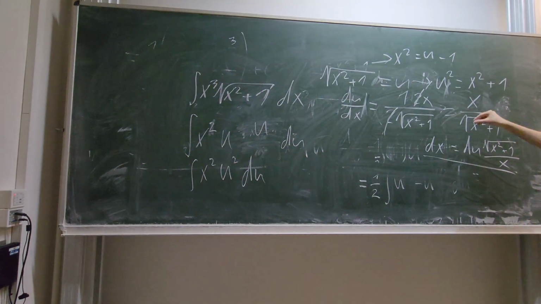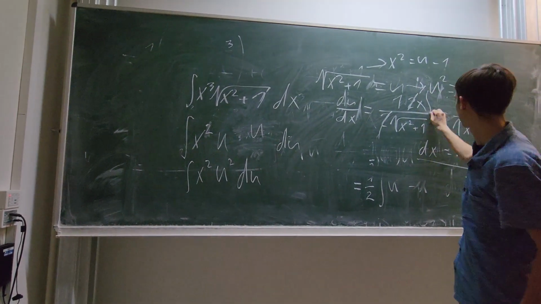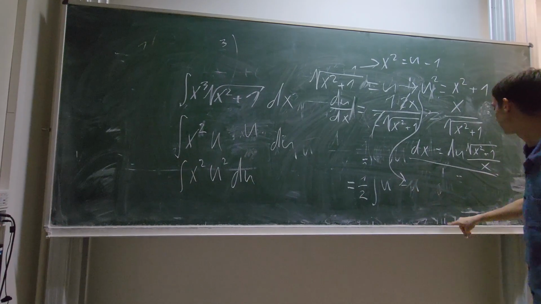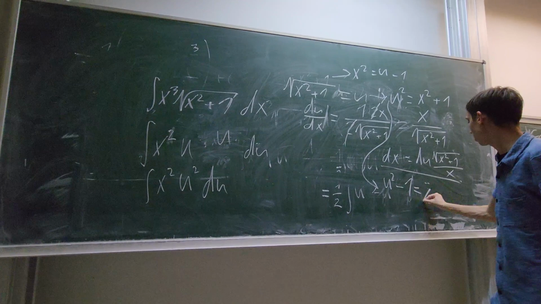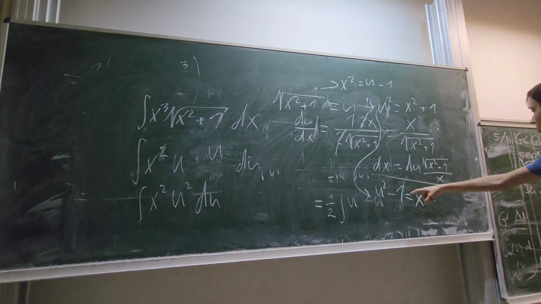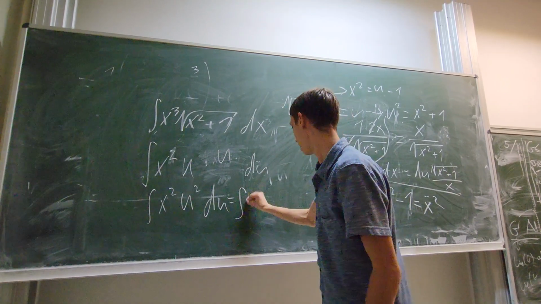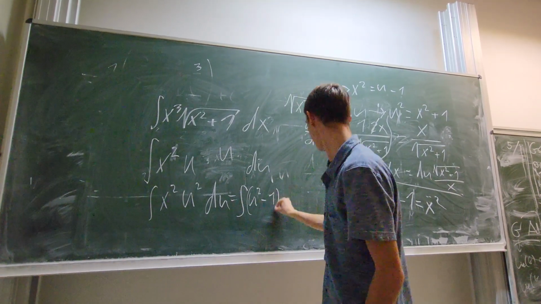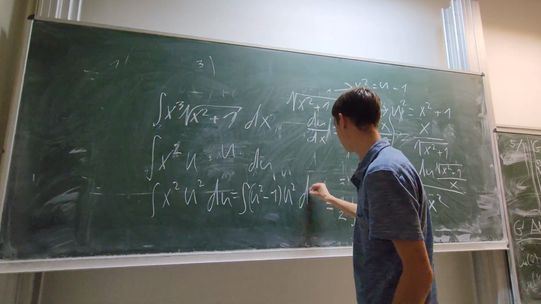And x squared will equal, and this is a little bit of a mess, so just to break it down, hopefully it will be at least a bit visible. u squared minus 1 equals x to the second power, right? So u squared minus 1 can replace this x squared. So I have this integral of u squared minus 1 times u squared du.